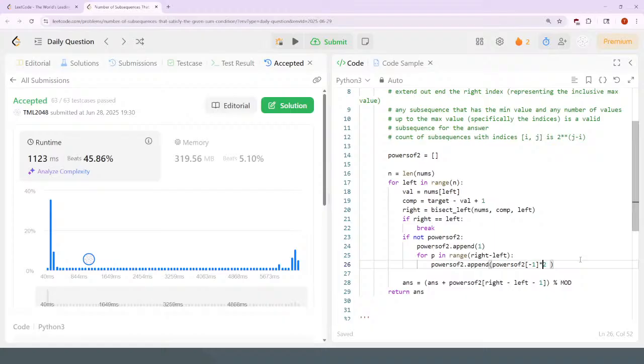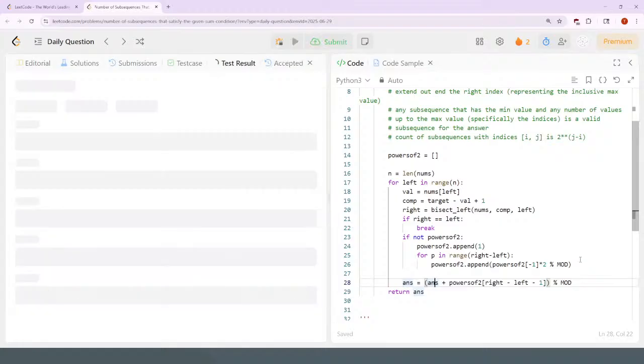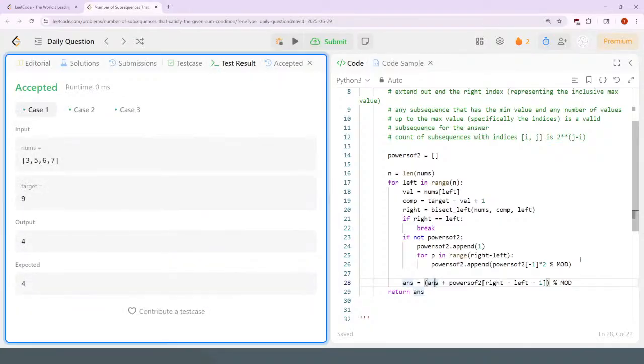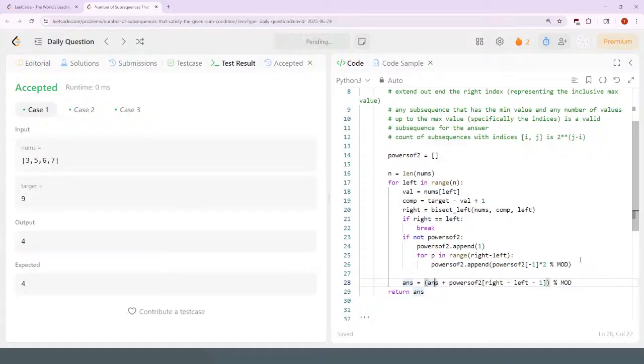Yeah, so this is percent mod here. And at that point, I think you still want to do mod here. Is that really the thing?